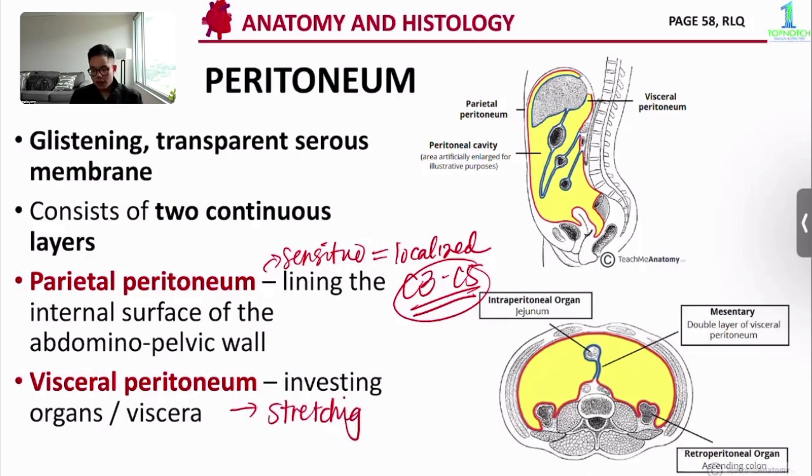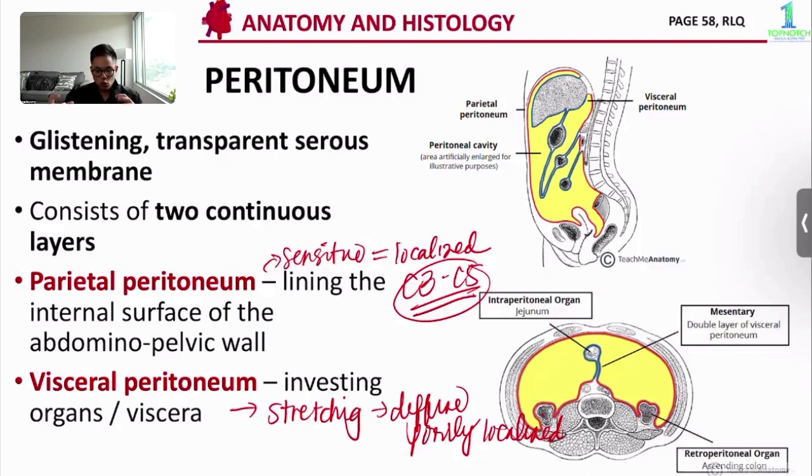And therefore the pain will be diffuse and poorly localized. And that is the basic concept as to why appendicitis will usually start off as a periumbilical pain, because you're only touching the visceral peritoneum, until it travels down later on to become a more localized right lower quadrant pain.